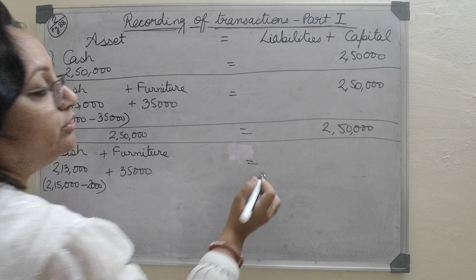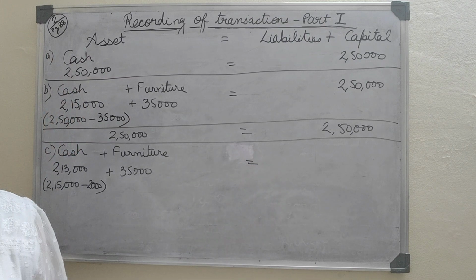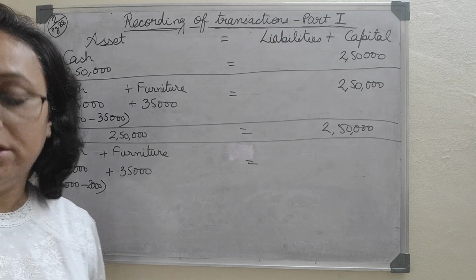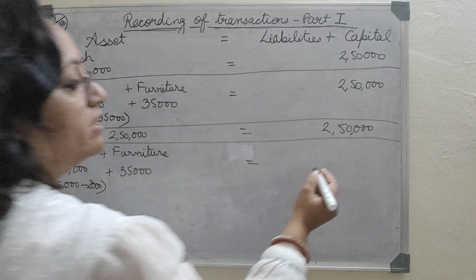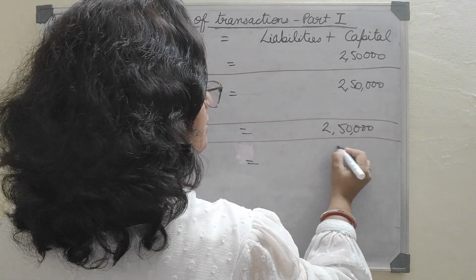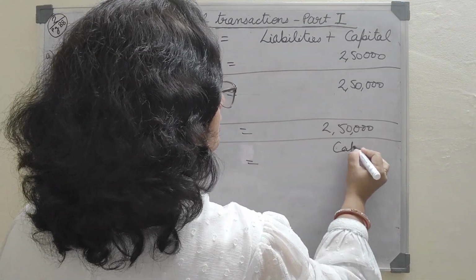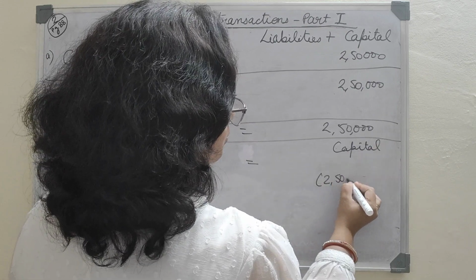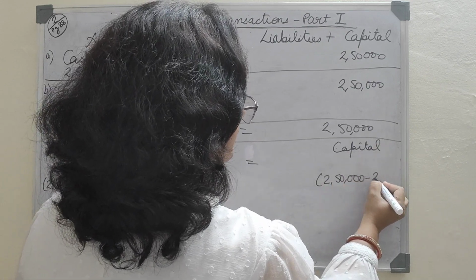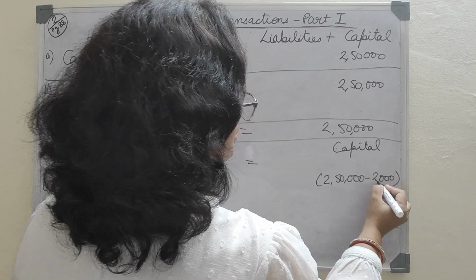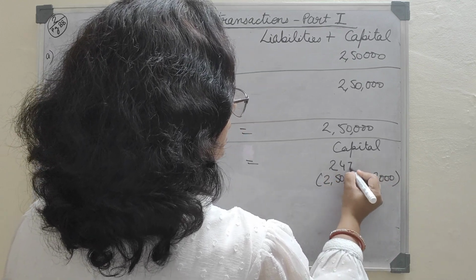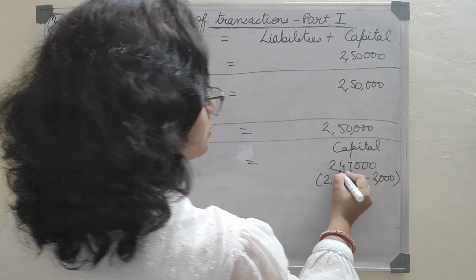Now this is going to affect our capital also. Why? Because commission is paid, it has affected our initial investment of cash. So we are going to subtract. Capital: 2,50,000 minus 2,000. When we subtract, it comes to 2,48,000. Sorry, I said 2,47,000 at first, but 2,000 subtracted gives 2,48,000.